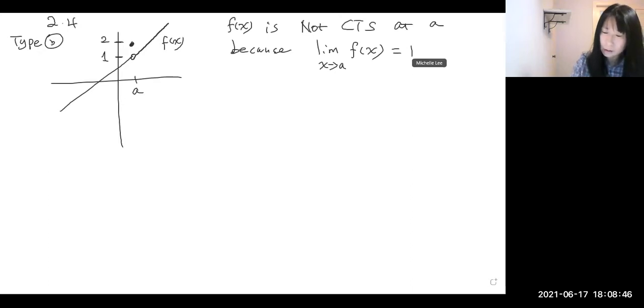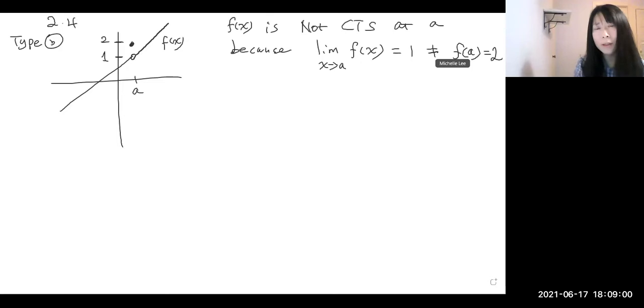How about f of a? 2. Good. Excellent. So this is not the same, right? So we say that the function is not continuous at the point a, okay? So overall, we have 3 types of discontinuity.